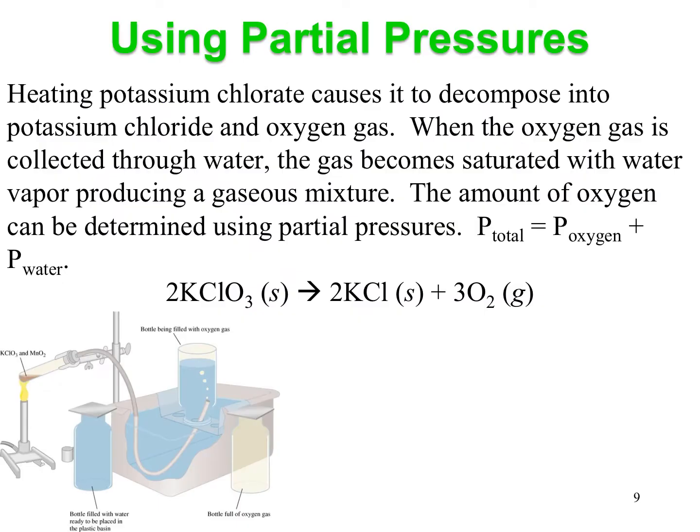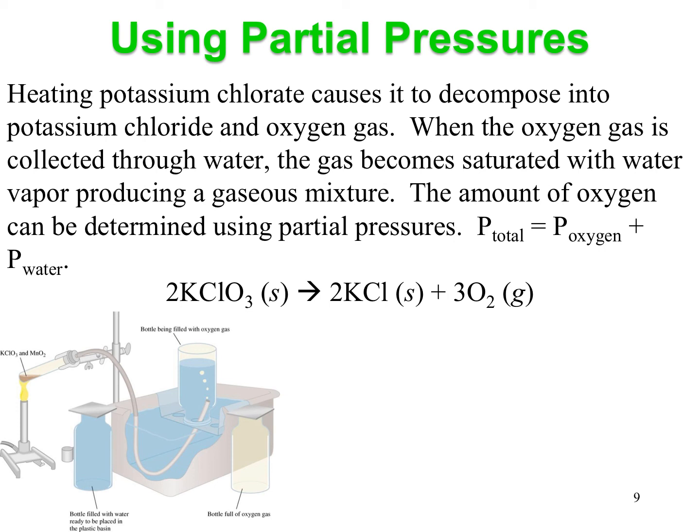Using partial pressures. Heating potassium chlorate causes it to decompose into potassium chloride solid and oxygen gas. When the oxygen gas is collected through water, the gas becomes saturated with water vapor, producing a gaseous mixture. The amount of oxygen can be determined using partial pressures.